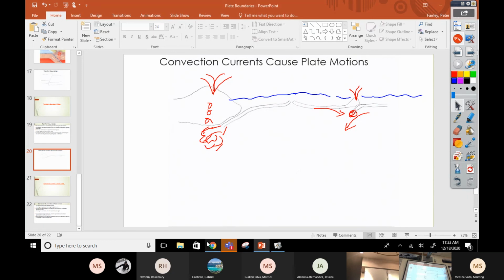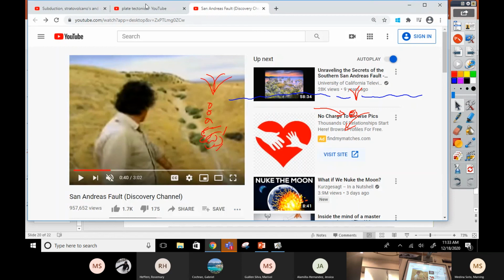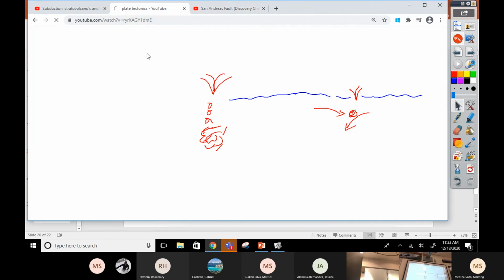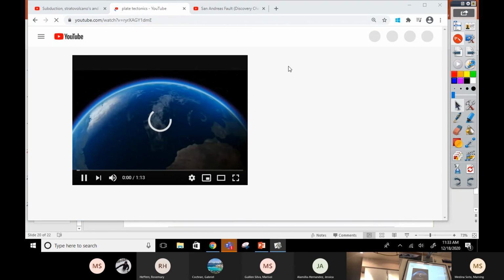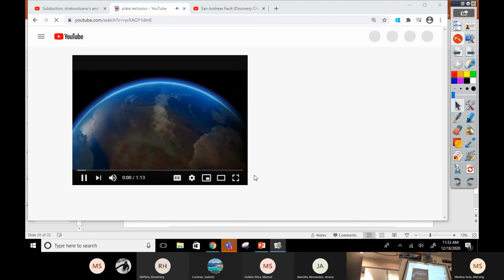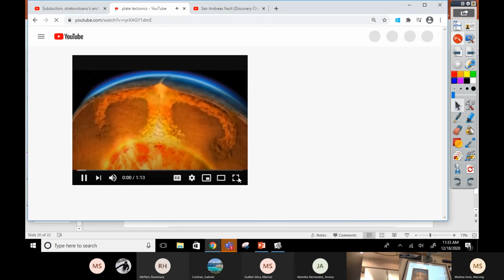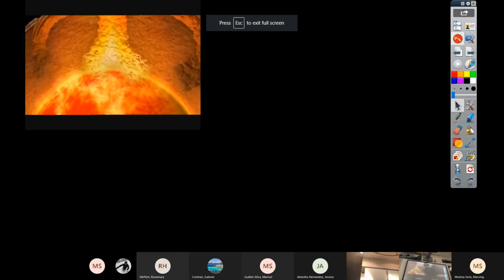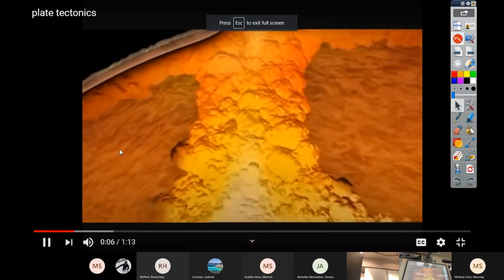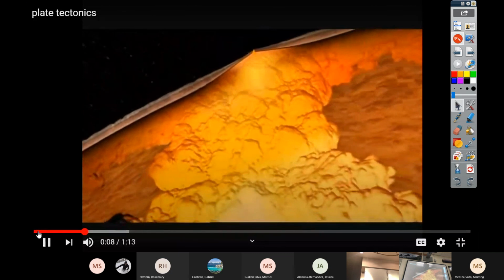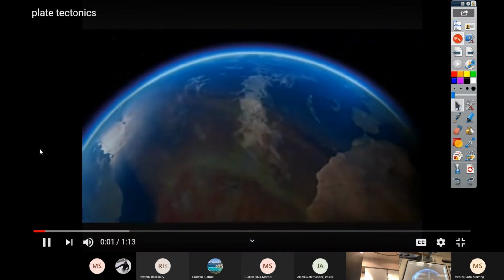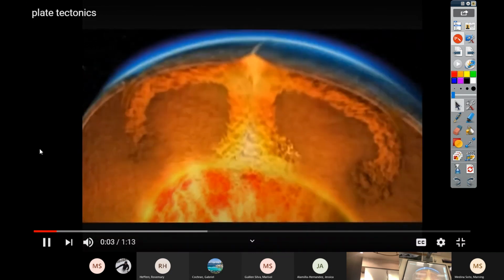Let's look at one more video though. I like this video because it's kind of 3D. It really shows, I think, nicely the way that the magma rises up and moves around in convection currents down in the mantle. So here's the Earth. Look inside there.